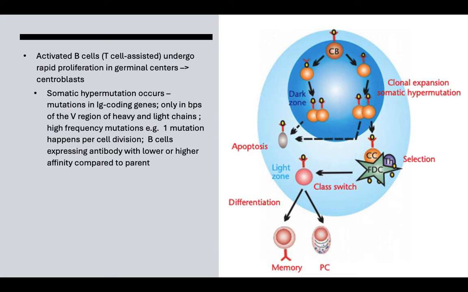So it's possible that a mutation accrued during a specific cell division might be harmful. It might lower the affinity. In some instances, it might increase the affinity of the cell towards the antigen. So there's no telling on the final effect of somatic hypermutations to the specificity and affinity of our activated lymphocytes.